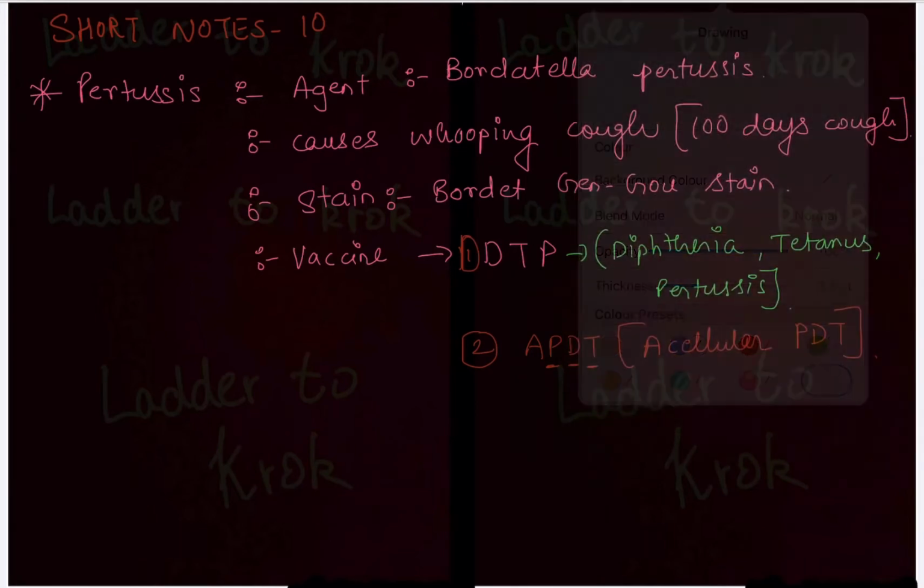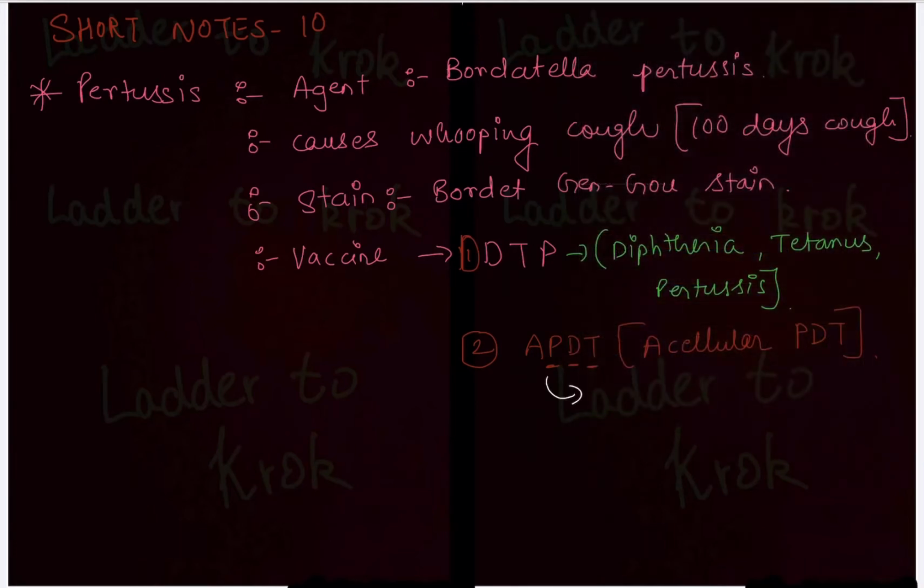And we should know what this vaccine is. It is a booster vaccine given to children. DTP is normally given to adults, and given to children as well. As a booster vaccine, we also provide aPDT, which is acellular pertussis, diphtheria, tetanus. It is a combination vaccine.